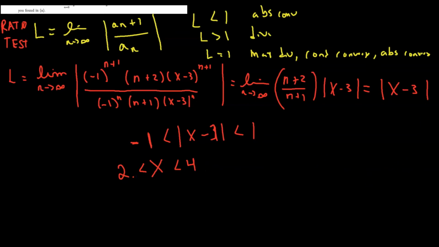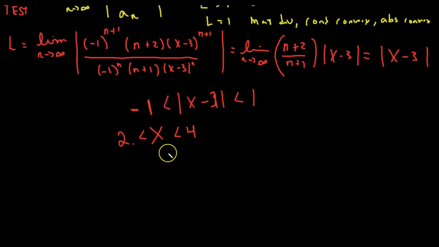So now what we do is we plug in each of these extremities into our original power series. So we get summation n equals 0. We have to find out if it diverges at this x value. Negative 1 to the n plus 1.